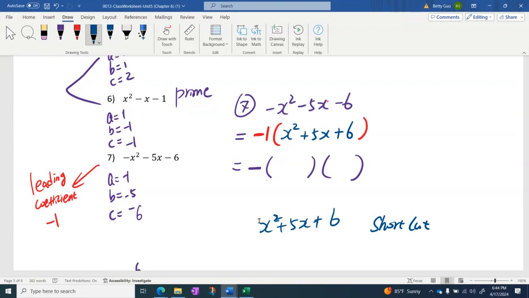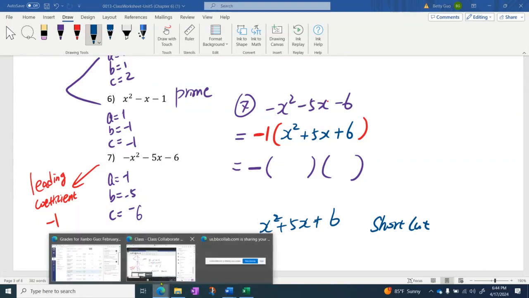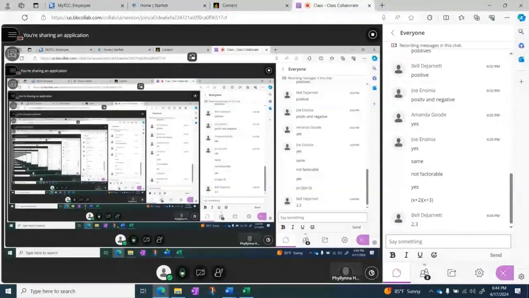For x squared plus 5x plus 6, we need to find the two integers that multiply to 6 and add up to 5. Awesome. Very good. x plus 2 times x plus 3.